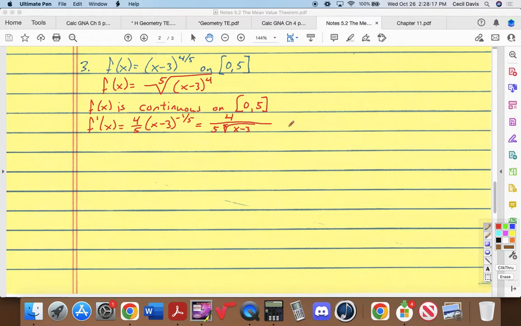So since this does not exist at x equals 3, f is not differentiable on the open interval from 0 to 5. So the mean value theorem does not apply.